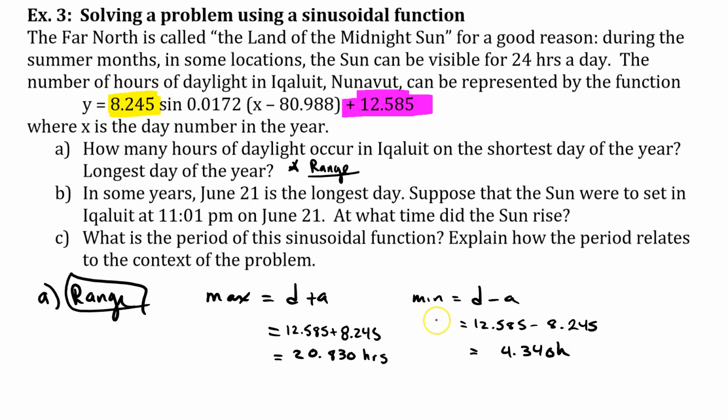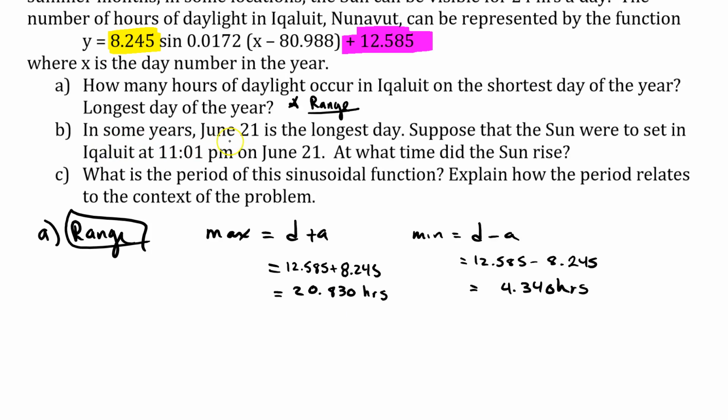So on the shortest day of the year, it's going to have 4.340 hours, and on the longest day of the year, you're going to have 20.830 hours of sunlight. How crazy is that? That's amazing. So in some years, June 21st is the longest day, so it has the most amount of sunlight. So we're going to be dealing with this one right here.